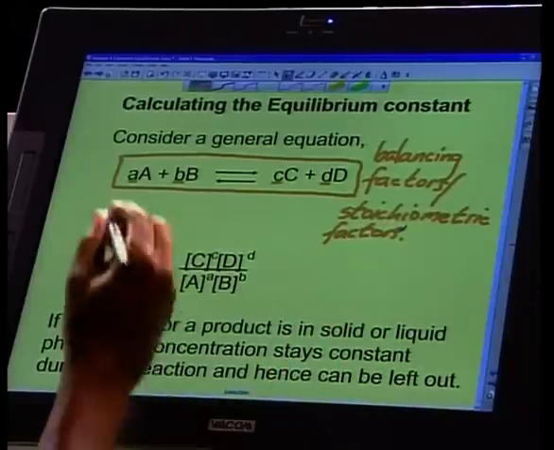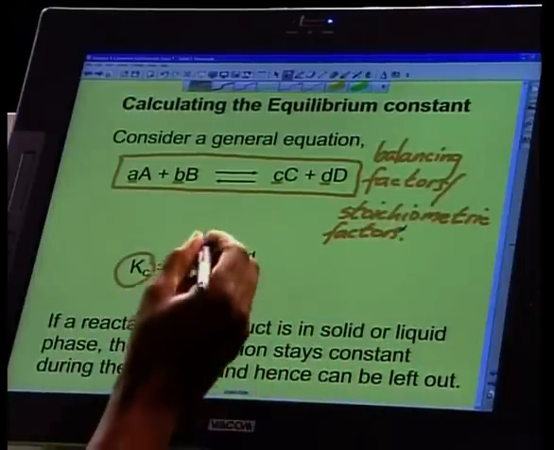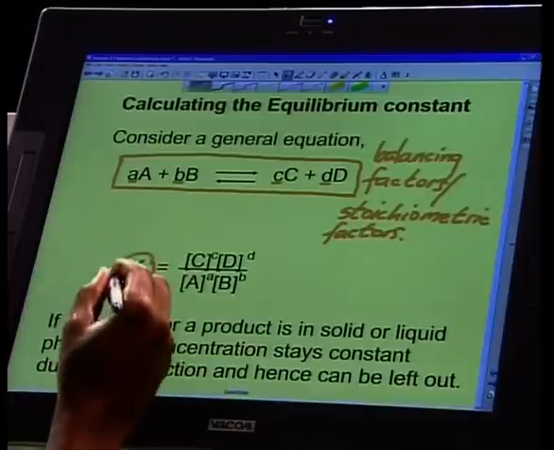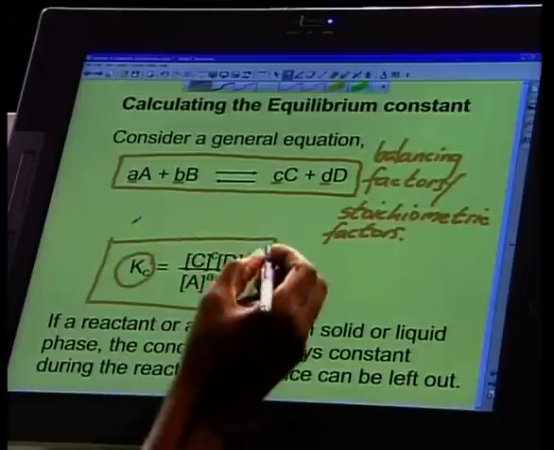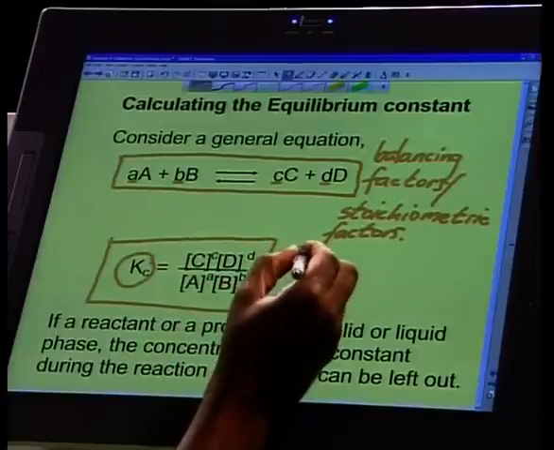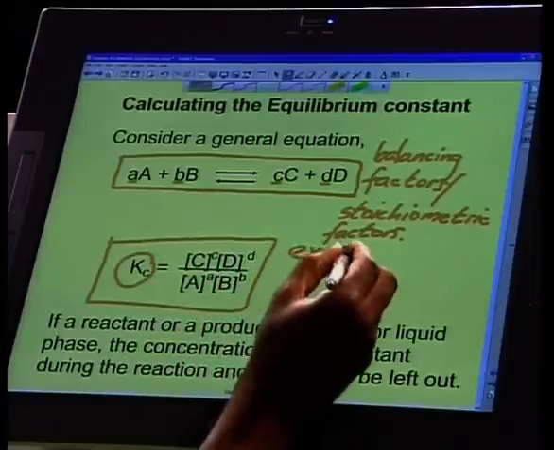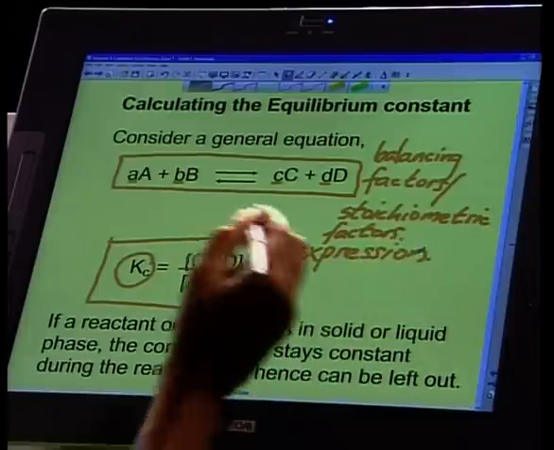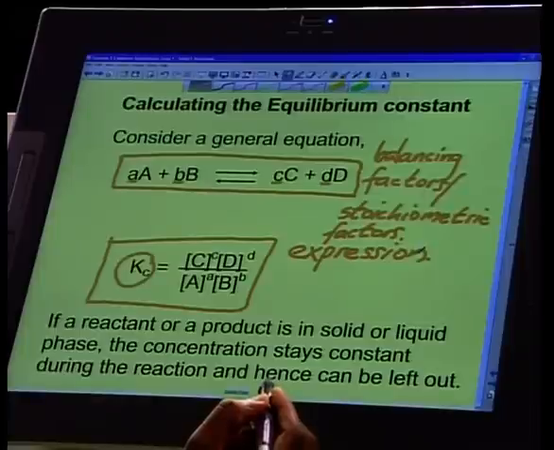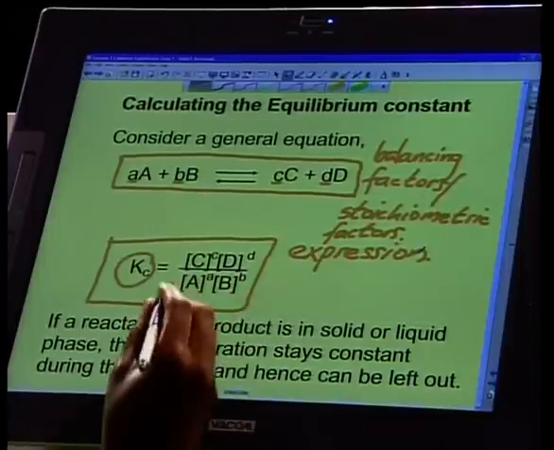Right. Now these numbers here, when we write down the Kc expression, so this is called the Kc expression. This is for the general or theoretical chemical equation that is in equilibrium: A plus B giving us C and D. When we write it down, look at it.